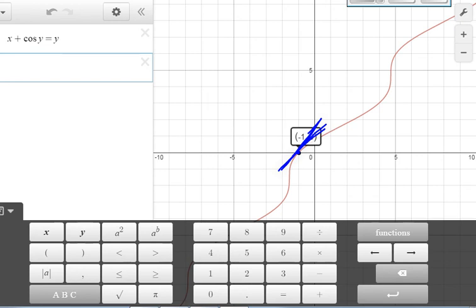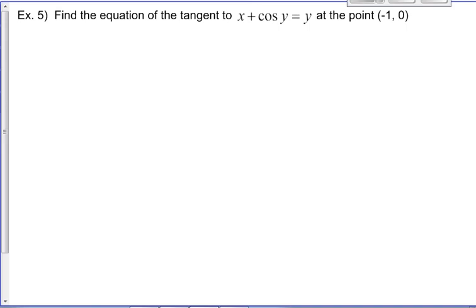I'm not quite sure. By this point, we know all we need to find out to get the equation of a tangent is the point and the slope. So in this case, we have the point we're dealing with. If we want the slope, we need to differentiate. So the derivative of x is 1. Derivative of cos y would be negative sine y, and we know that that gets multiplied by y prime because it's a derivative of y.